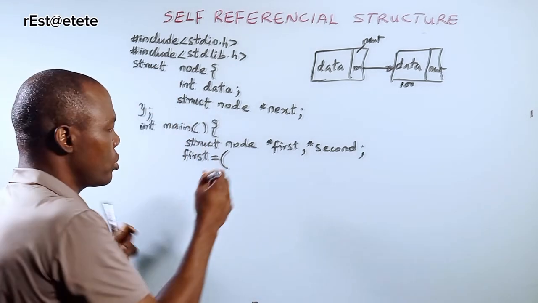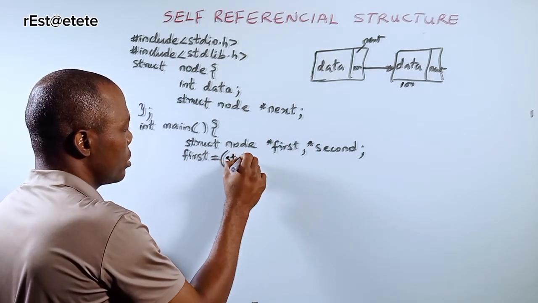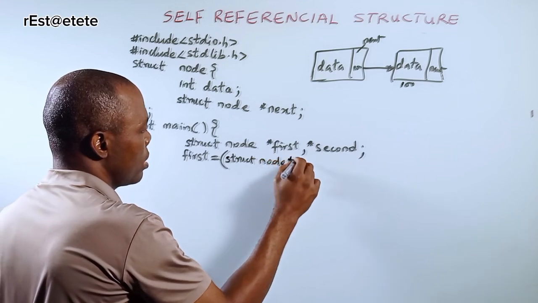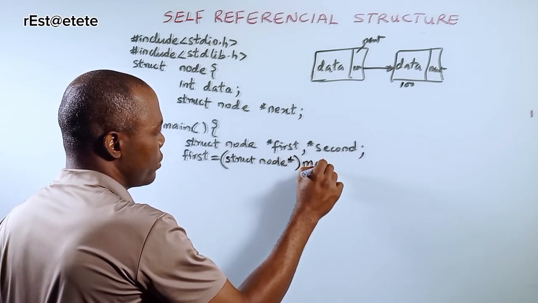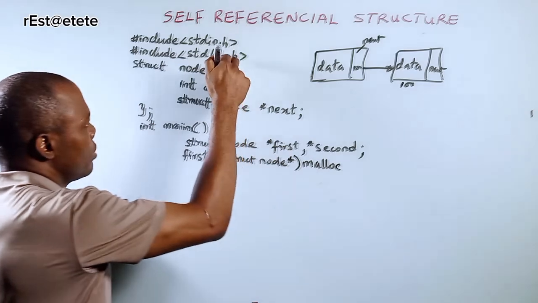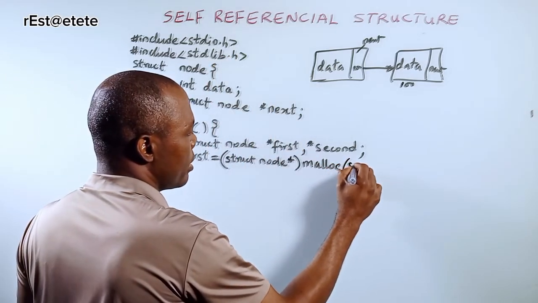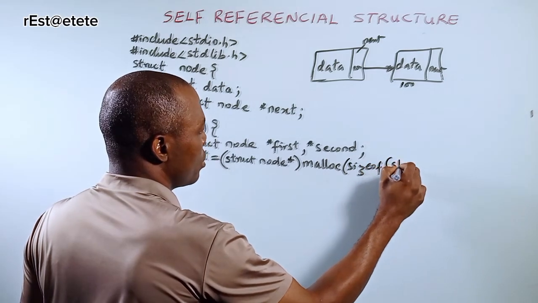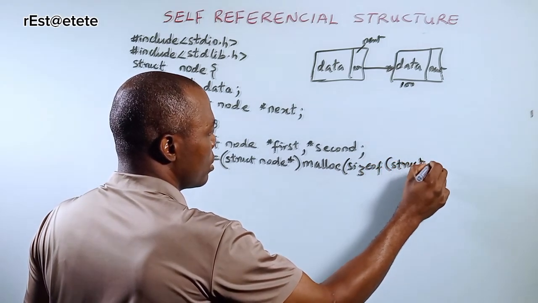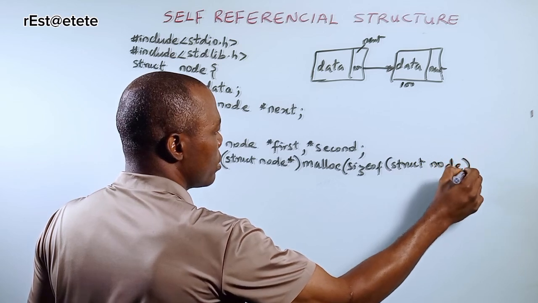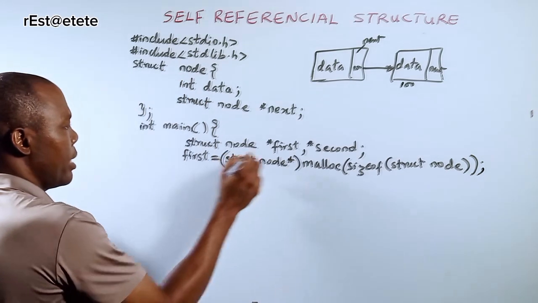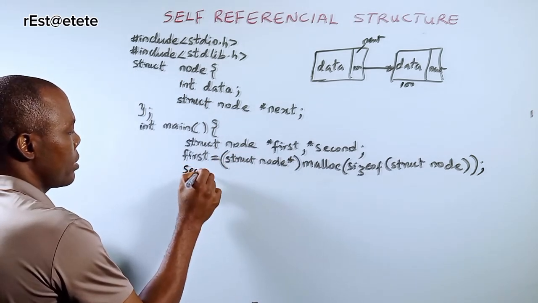To this struct node pointer. I will call my malloc function with the size of struct node, right? Then I will say second.